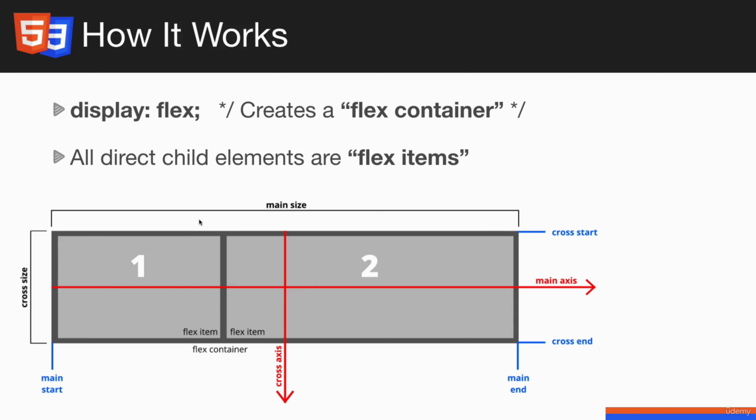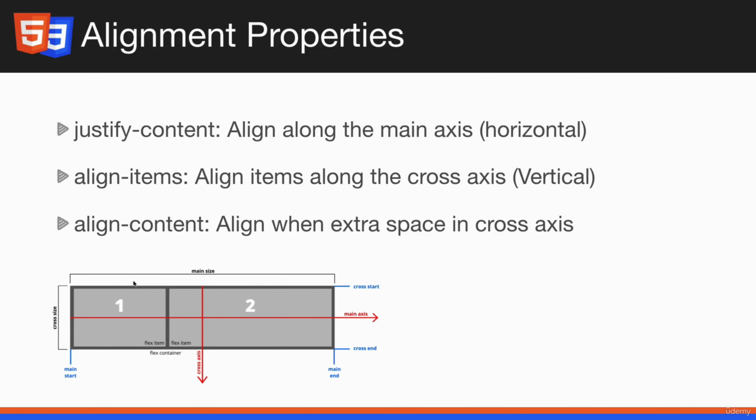But we can also do flex direction column, which will align them this way. Okay, that'll align them vertically. Now we have a cross axis which goes up and down, and we have a main axis that goes this way. And there's different CSS properties we can use to align our flex items. So here's some of those properties.